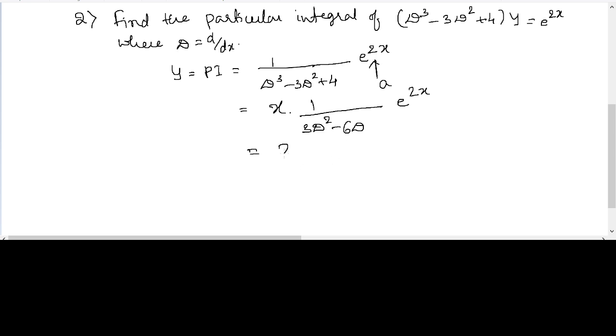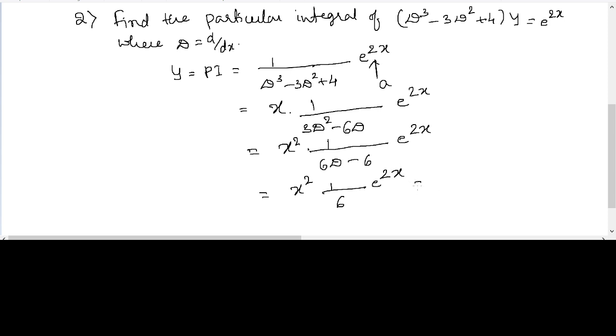So multiply one more time by x, that becomes x into x square, and differentiate the denominator one more time with respect to D. So we get 6D minus 6 into e to the power of 2x. One more time replace D by a, so that we get 1 upon 6 into 2, 12 minus 6, you get 6, into e to the power of 2x.